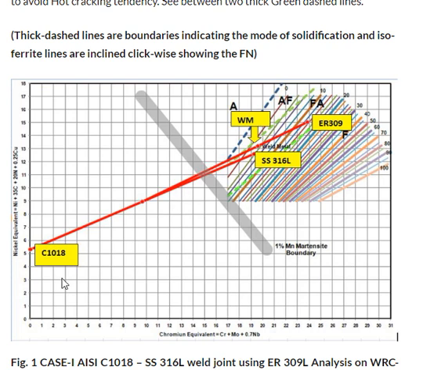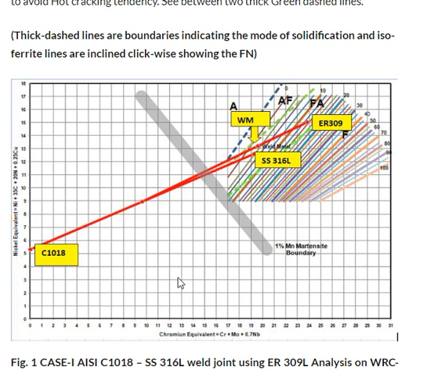As you can see, on the y axis the nickel equivalent is mentioned, and on the x axis the chromium equivalent is mentioned. The chromium equivalent alloying elements are those elements which tend to stabilize ferrite, and the nickel equivalents are those alloying elements which tend to promote or rather stabilize the austenite phase.